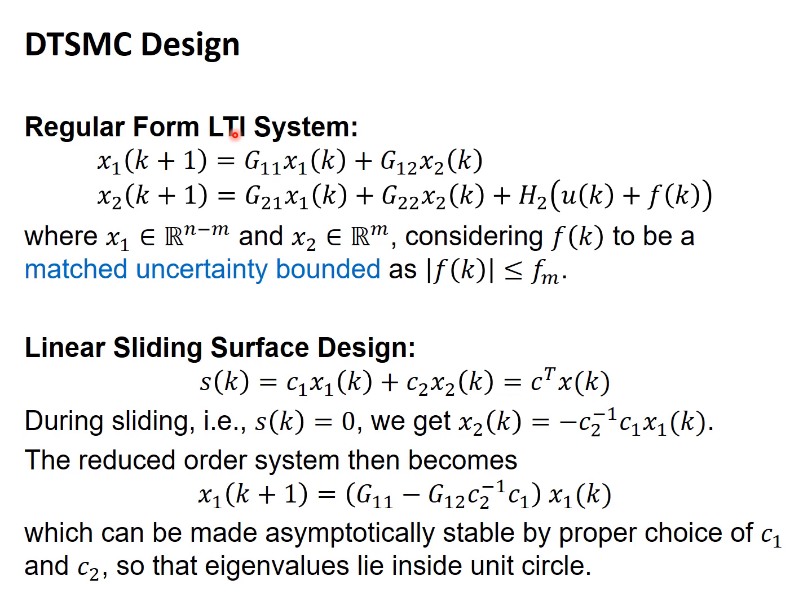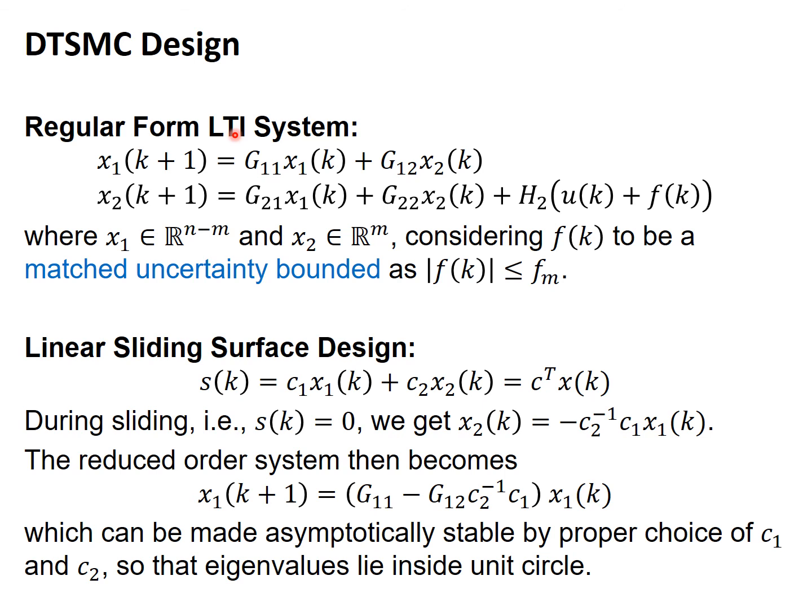That is the best one. Why? Because if you do a discretization with the MATLAB function, suppose your continuous time system has matched uncertainty. That matched uncertainty will not remain matched in the discrete time formulation. So that is the problem that we will face.